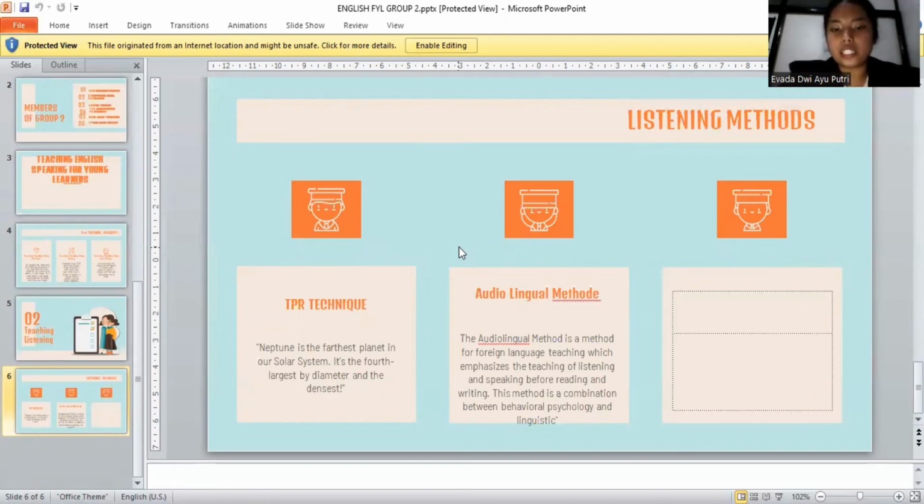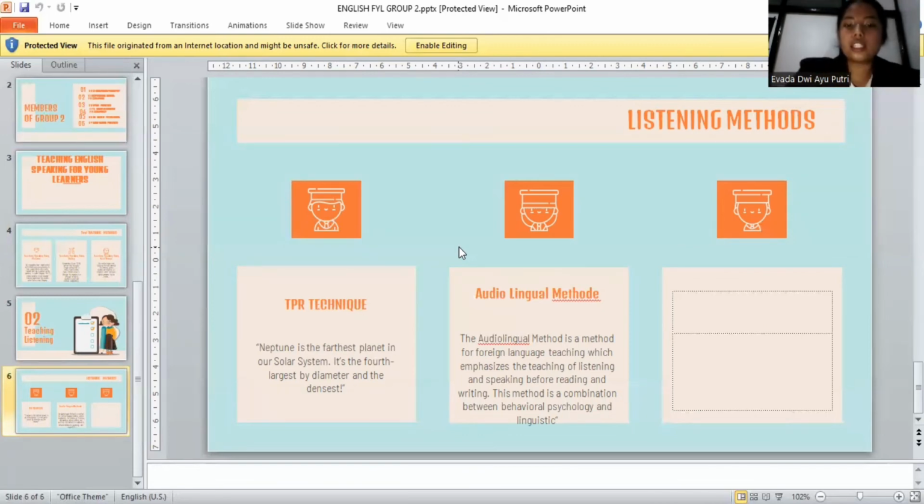According to Richard G., in his book, Approaches and Methods in Language Teaching, TPR is defined as a language teaching method built around the coordination of speech and action. It attempts to teach language through physical motor activity.